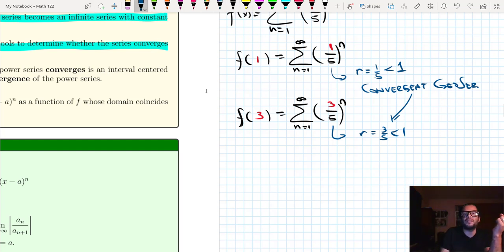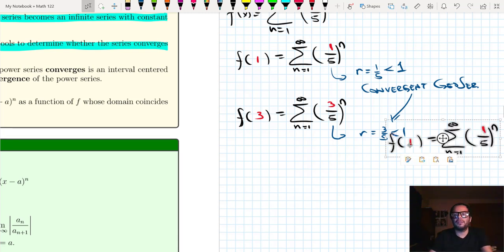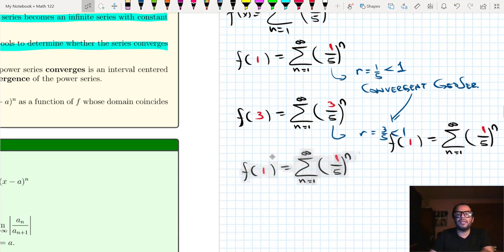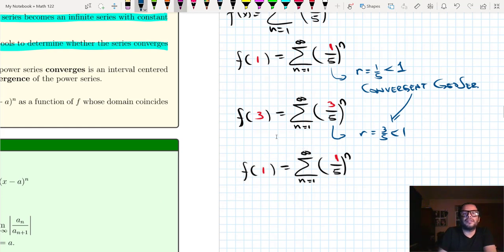Let me do one more. Let me evaluate the series for x equals 7. What's going to happen here? If you look at the common ratio of the geometric series, we have r equals 7/5, which is greater than or equal to 1, so this is a divergent series.